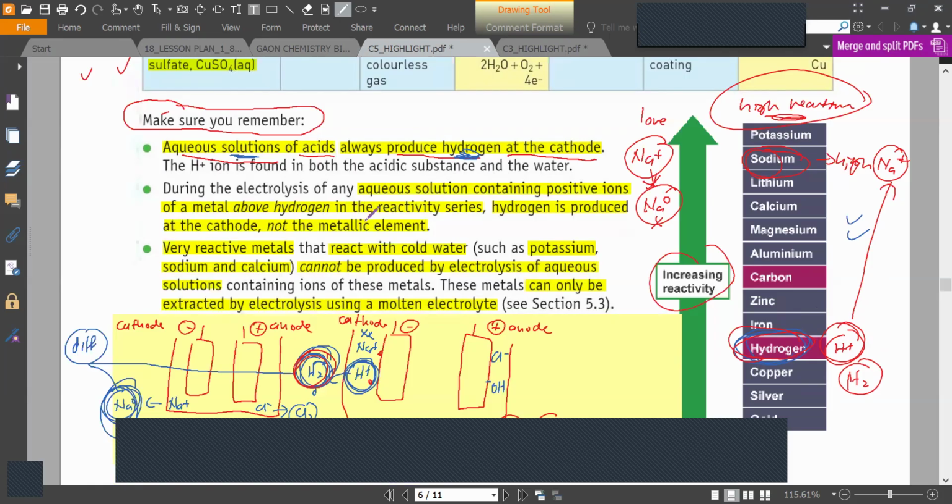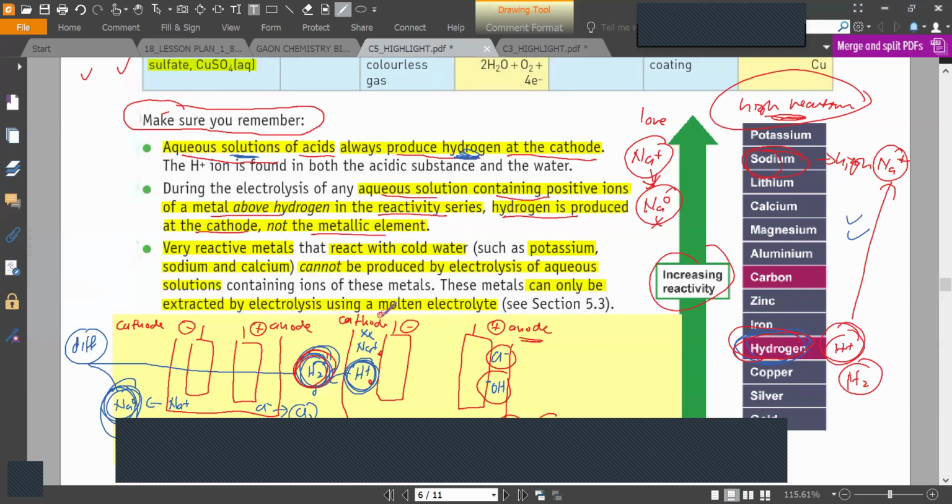Now coming to the anode, again you have two species here. Which one will react? We look at an aqueous solution containing the positive ion of a metal above hydrogen in the reactivity series: hydrogen is produced at the cathode, not the metallic element.